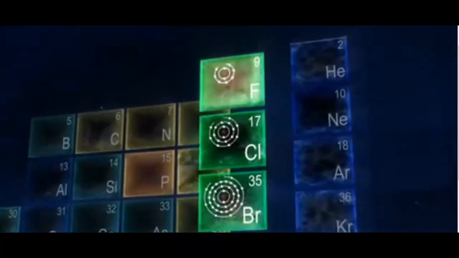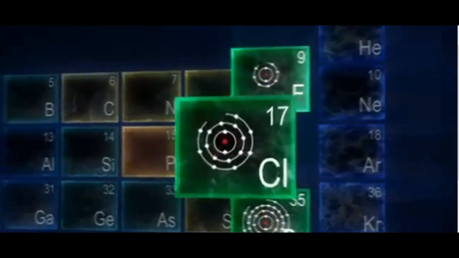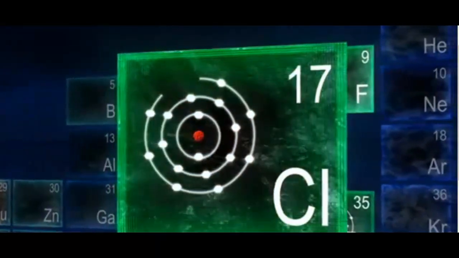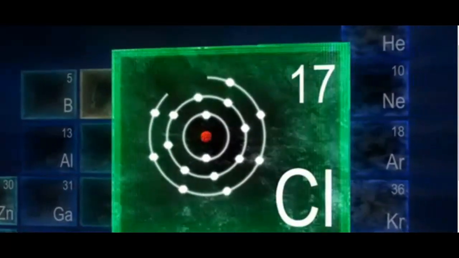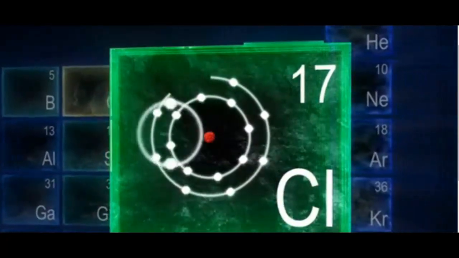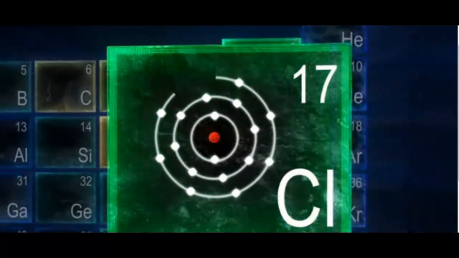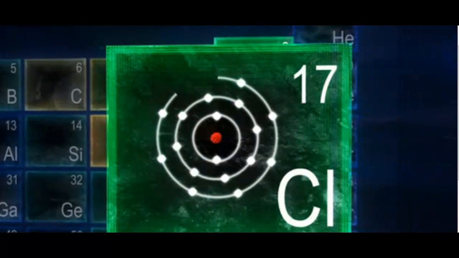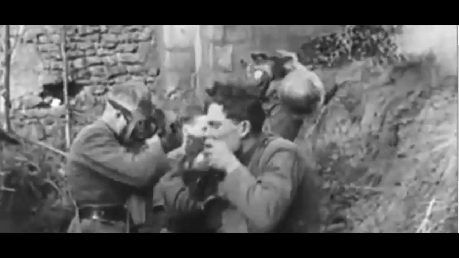The group includes fluorine and bromine, but the most notorious is chlorine. 17 protons, surrounded by 17 electrons, arranged in 3 shells of 2, 8, and 7, one short of being full. It's that extra electron chlorine will get any way it can, sometimes with violent results. That's why chlorine gas was used as a deadly poison in World War I.